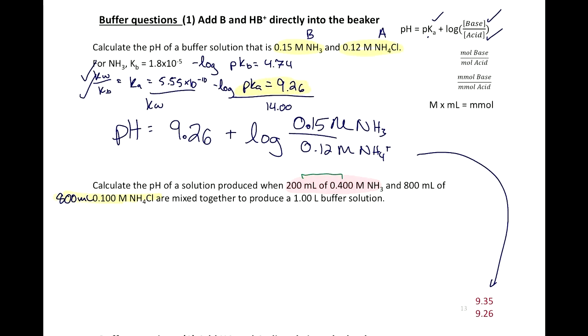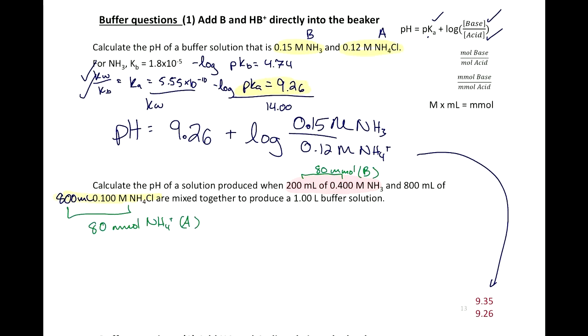Easier. So 200 times 0.4 is 80 millimoles of base present, so this is ammonia. And then 800 times 0.1 is also 80 millimoles of ammonium, NH4+, the acid form in our Henderson-Hasselbalch.